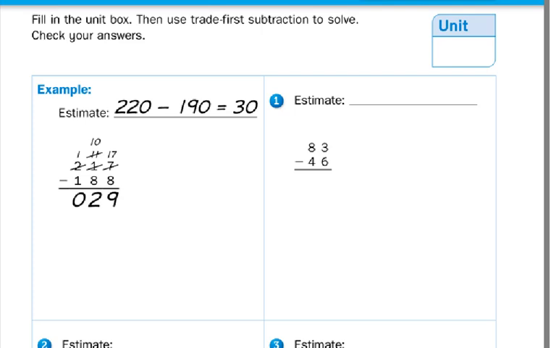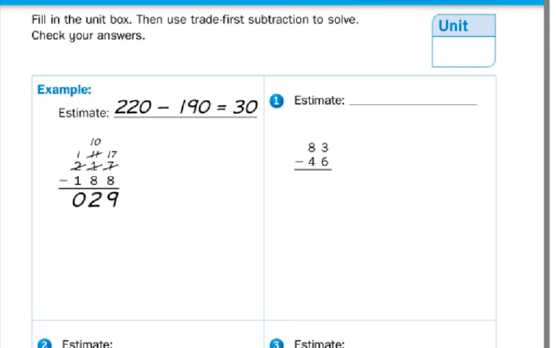If you use the expand and trade method, your answer should be the same as the ones I get. But please ask if you have any questions as you do the page. Alright, so the example is done for you, and they did an estimate first. So we're going to start with number 1.